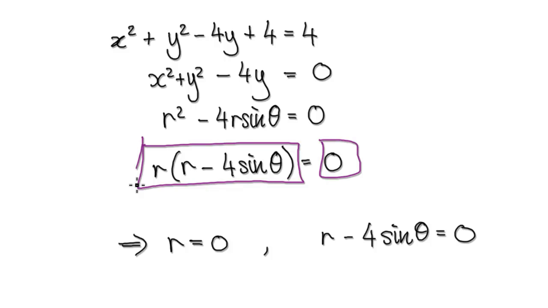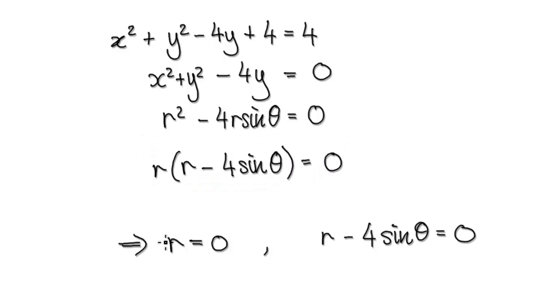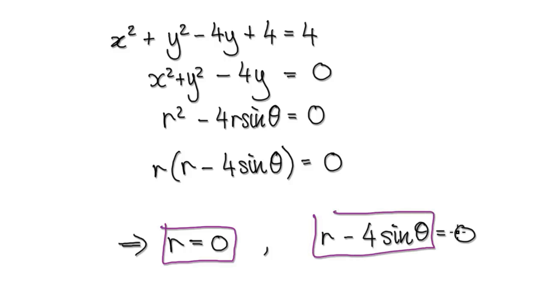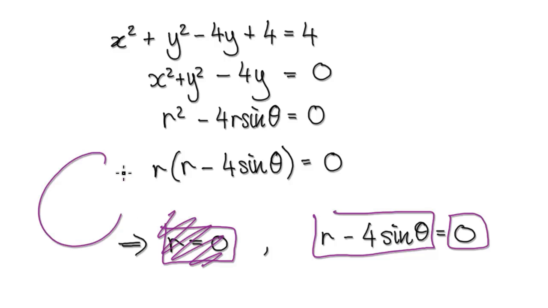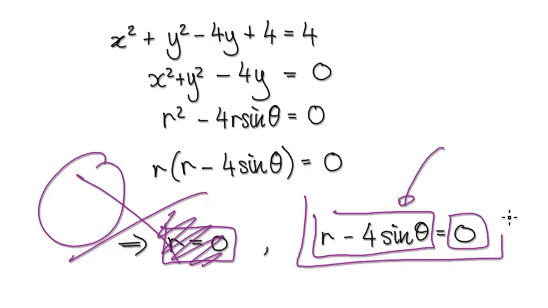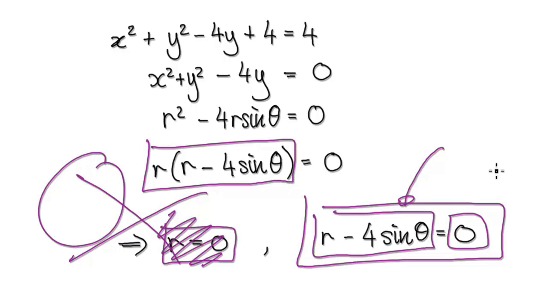Well, demanding that this whole thing equals 0 is the same as demanding that the radius be 0 or this to be 0. But the radius of 0 is meaningless in our case. A circle of radius 0 is useless in our case. So we are going to use this. Making this demand is the same as making this demand. So this thing here will draw a circle for you in polar form.